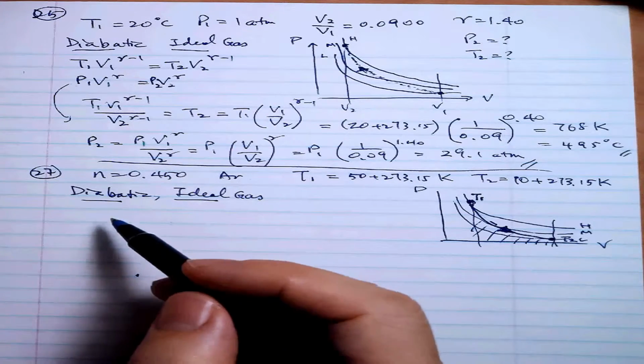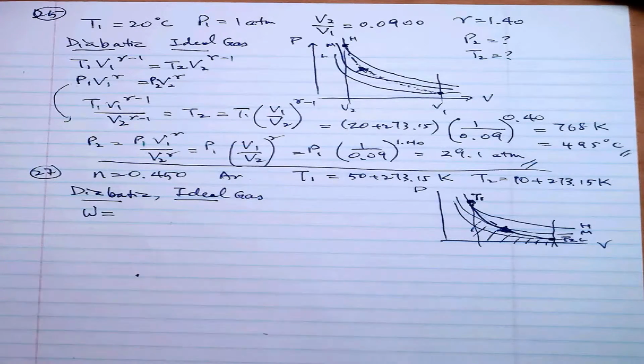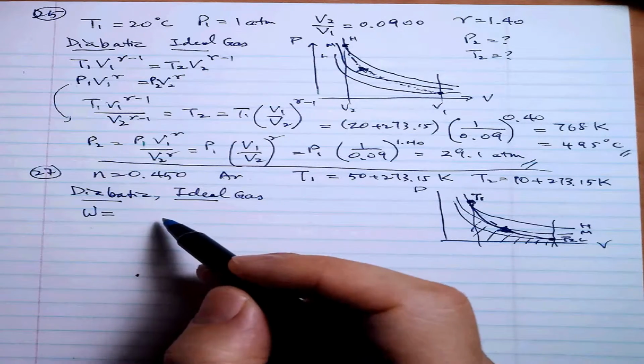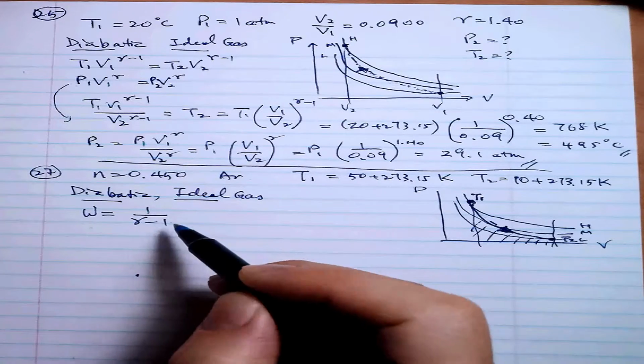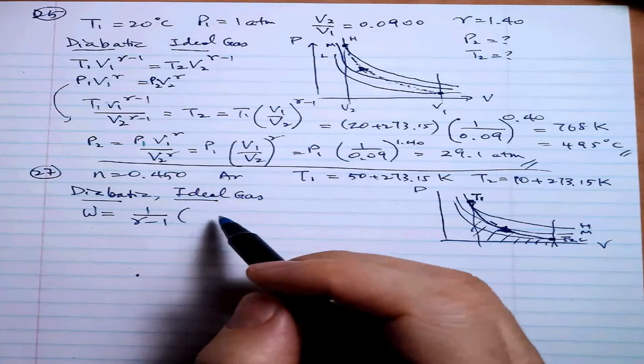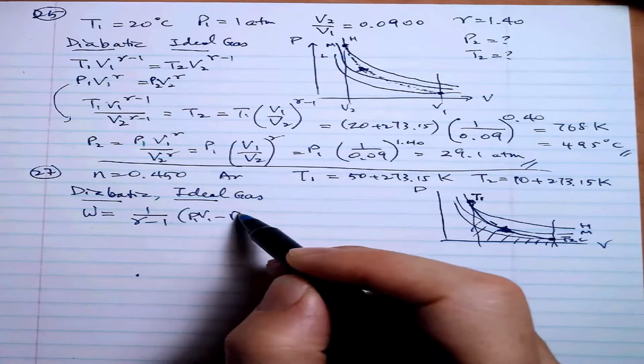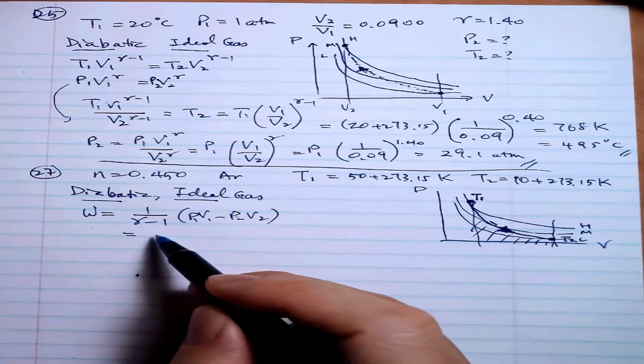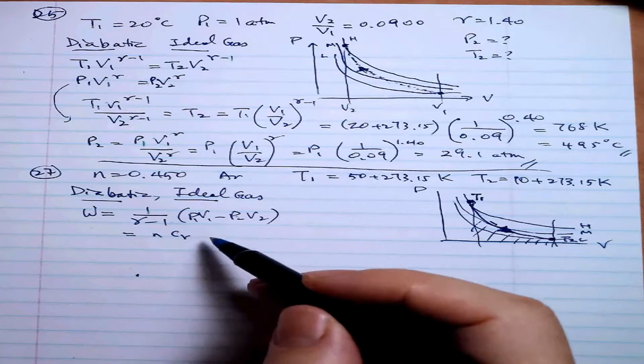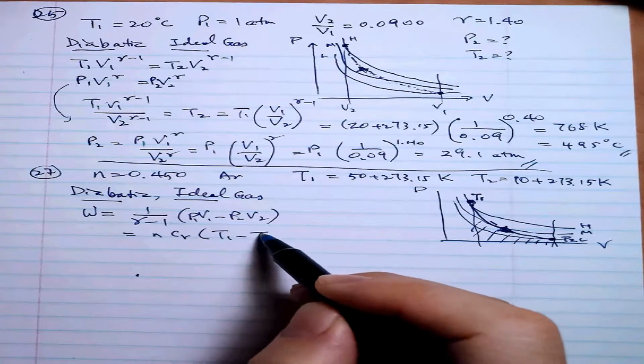So in terms of work done for an adiabatic ideal gas, you can use the formula of 1 over gamma minus 1 times P1V1 minus P2V2, or you can use the formula of nCv, T1 minus T2.